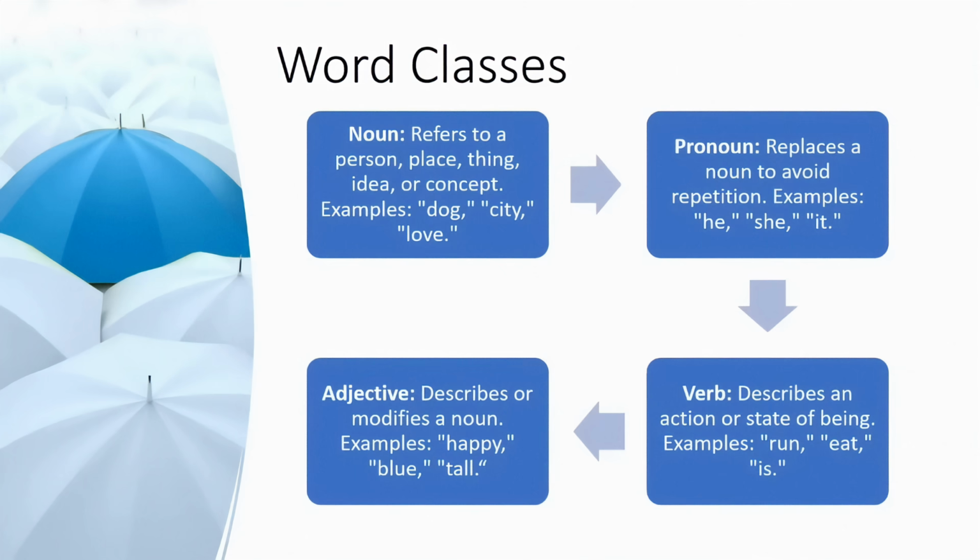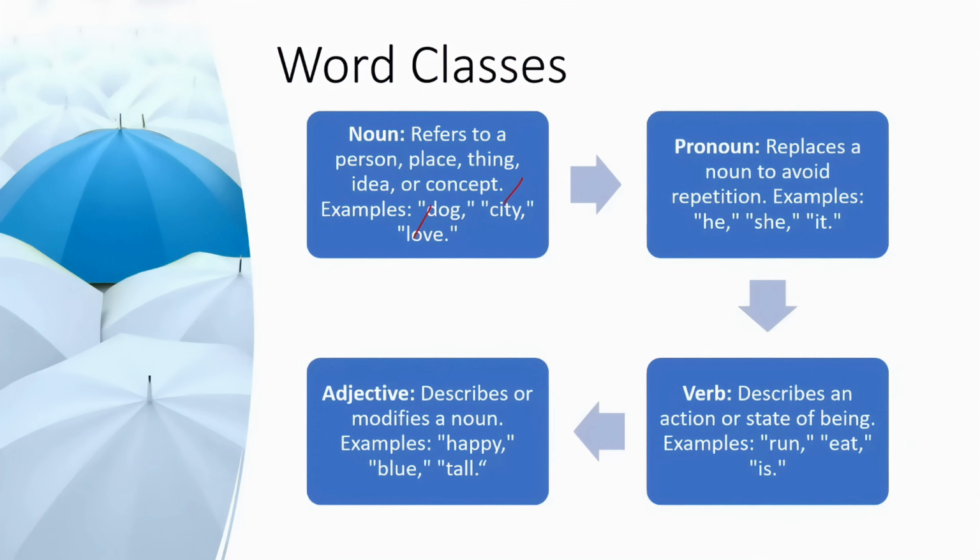So noun refers to a person, place, thing, idea, or concept. Example: dog, city, or love. There's a video regarding parts of speech, and these word classes as parts of speech have been discussed in detail. Noun is the name of anything, idea, or concept. It may be a dog, a city, love, money, anger, happiness, sky, wealth, a player, and so on.